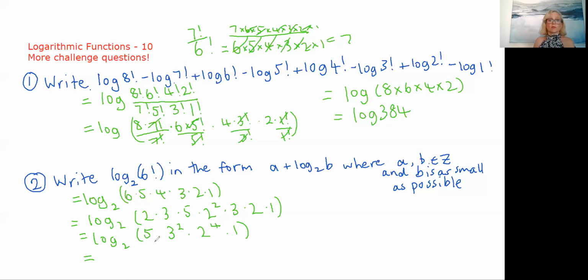Okay, let's bring out what we can bring out. So we're going to get log of 5 to base 2 plus, I'm going to do this step in one go. You can bring the 2 out the front like that, and you can bring out your 4.